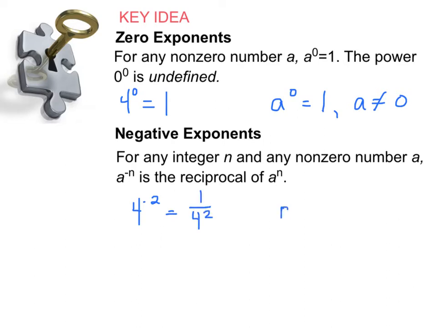Or a to the negative n power equals 1 over a to the n, where again, a cannot be 0. Now, you might not understand negative exponents yet. That's okay. We'll go over it in a little more detail with our examples.